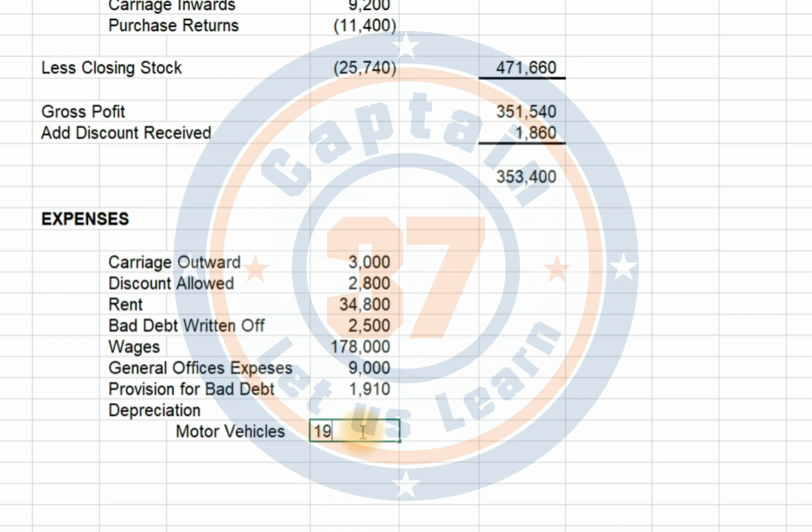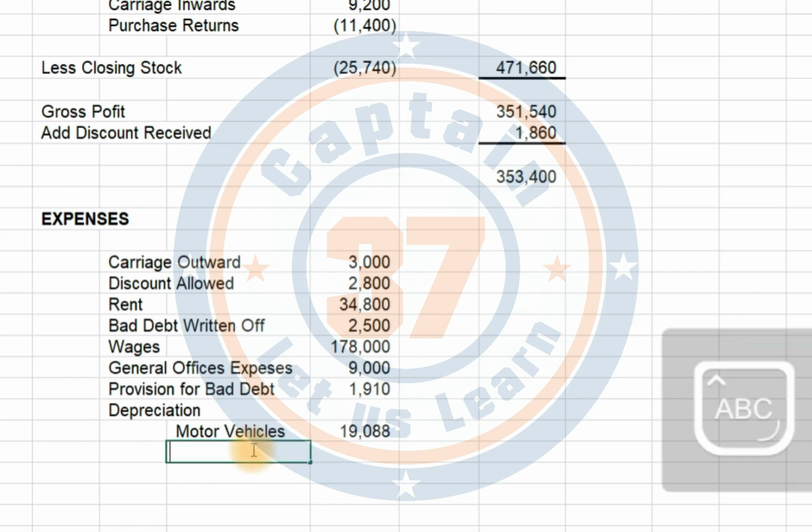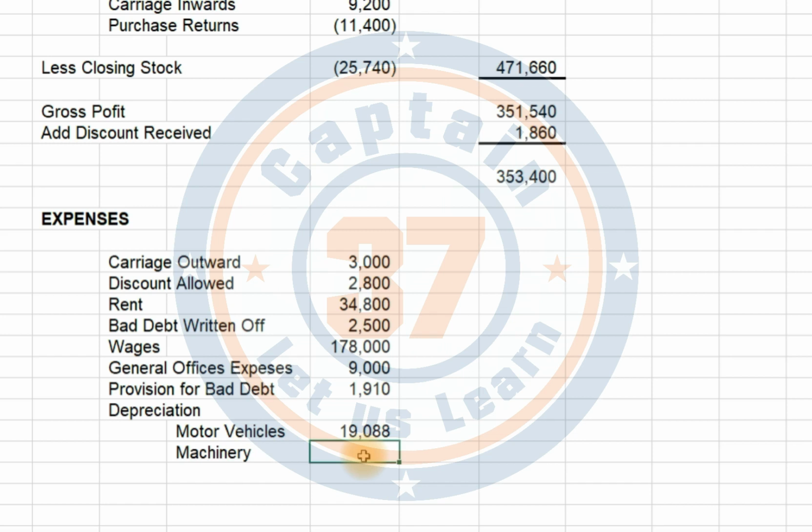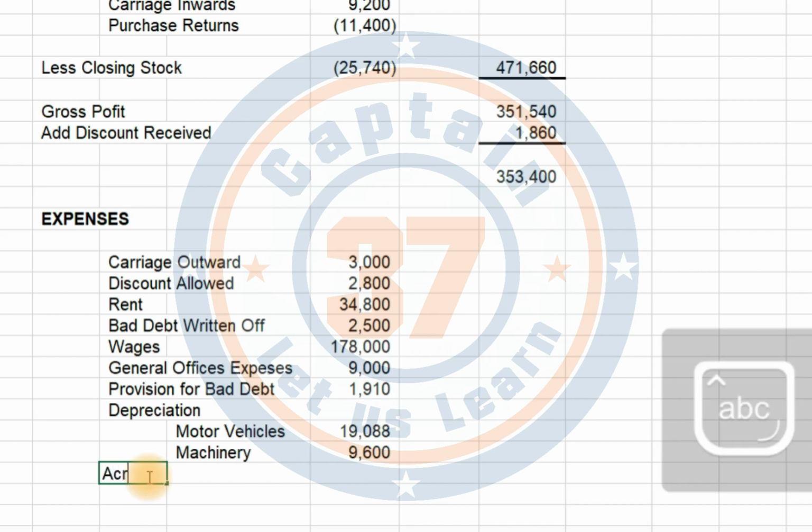The other depreciation is that of the machinery. When we do the calculation, the depreciation for the machinery is going to come to 9,600.